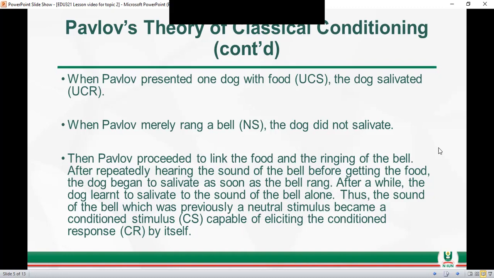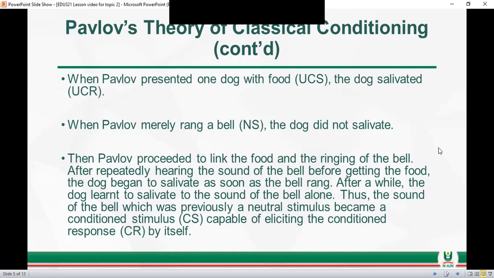That's why he called it neutral stimulus, NS. Then he went further. He proceeded to link the ringing of the bell with the food. So what he did was to ring the bell and then present the food to the dog. He did it again, present the food to the dog.